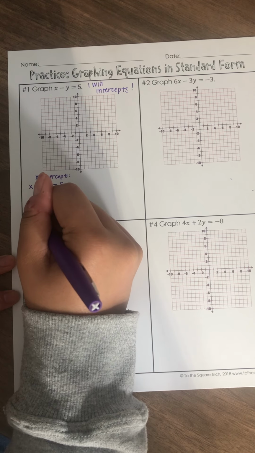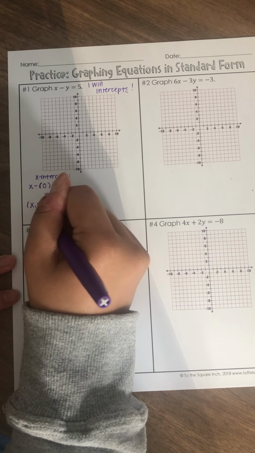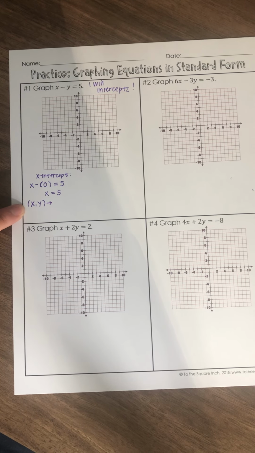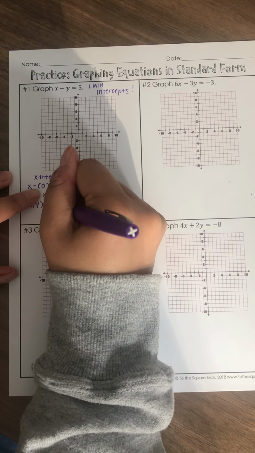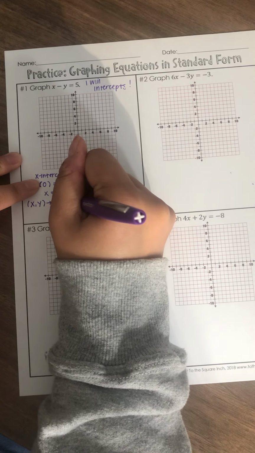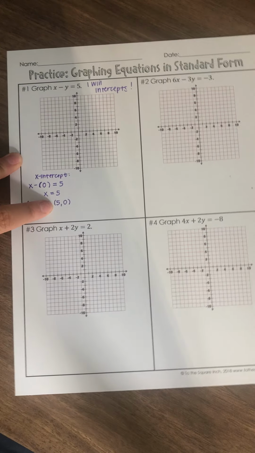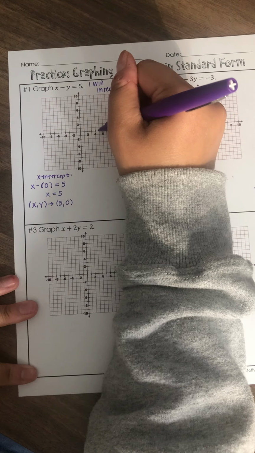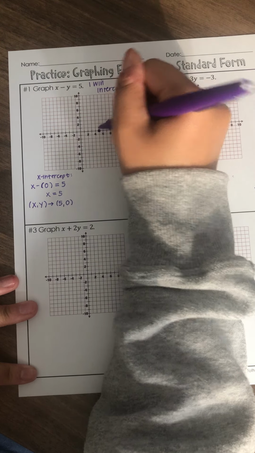And my coordinate point, my x we know is 5. And we substituted a 0 for y. So I am left with this point right here of 5, 0, which I can now plot easily right here.